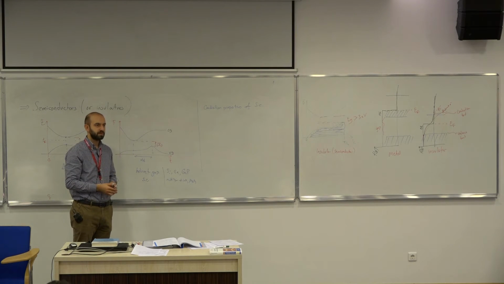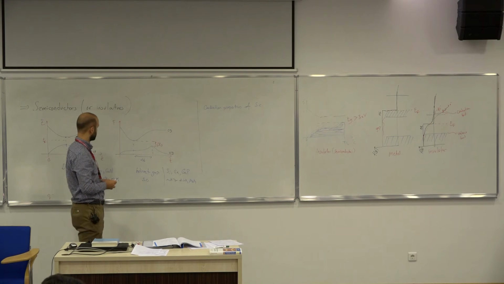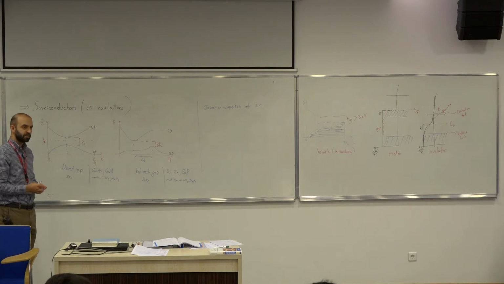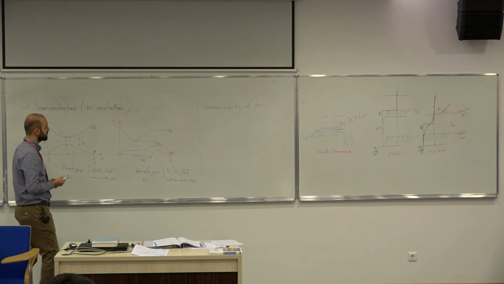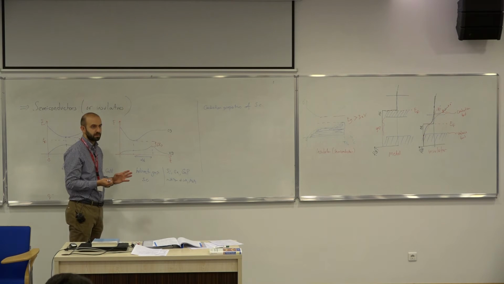Yes, please. Can you explain the difference between these two? For example, I read somewhere that it's difficult for silicon to be conducted. Semiconductor is more difficult than for electron. No. It's actually not.